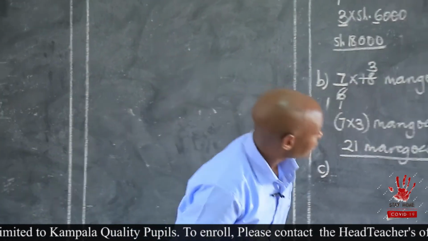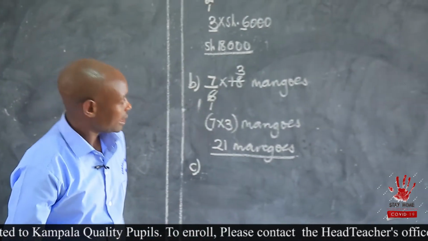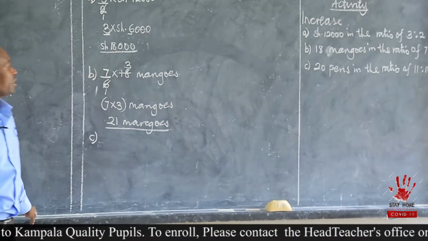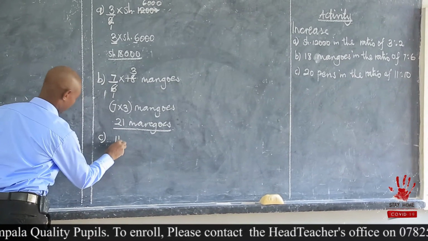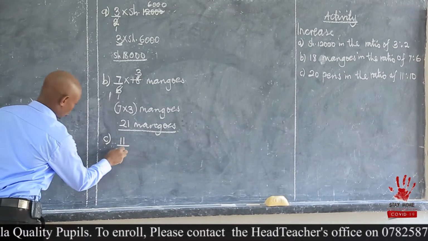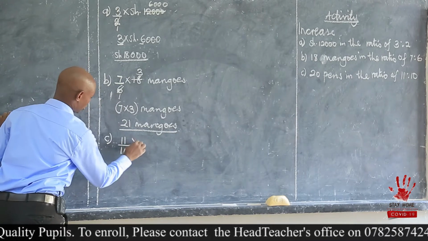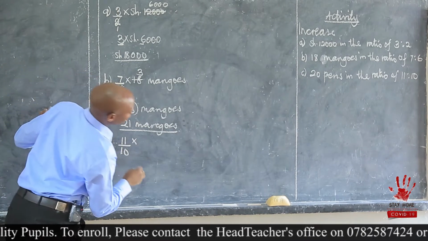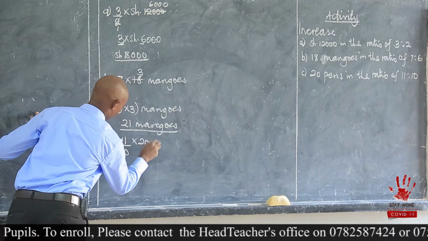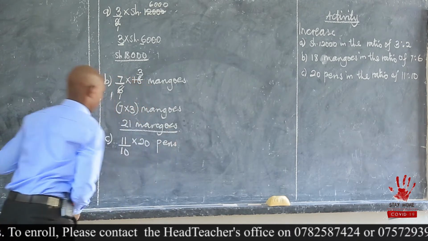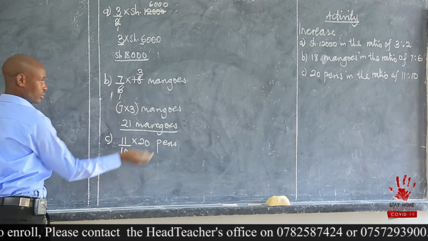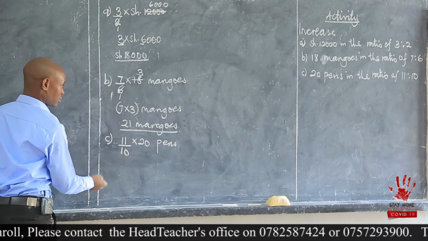We are increasing 20 pence in the ratio of 11 to 10. So our fraction is going to be 11 out of 10. Then you multiply by the quantity given, which is 20 pence. Yes. So if you have zeros, you know what to do. You first reduce the zeros.